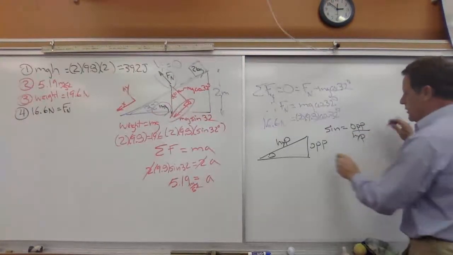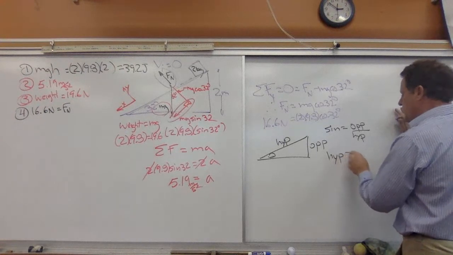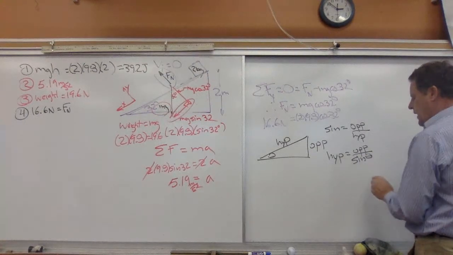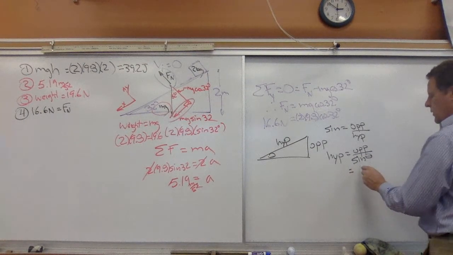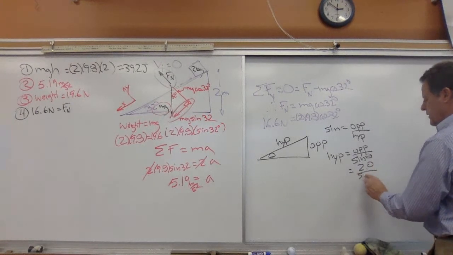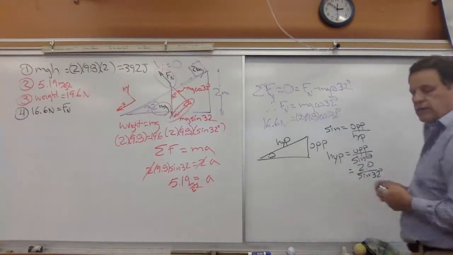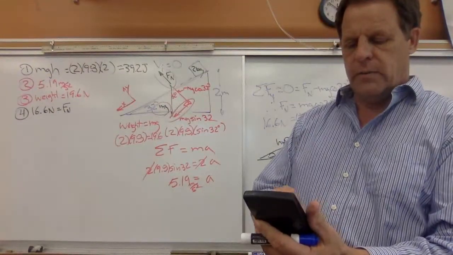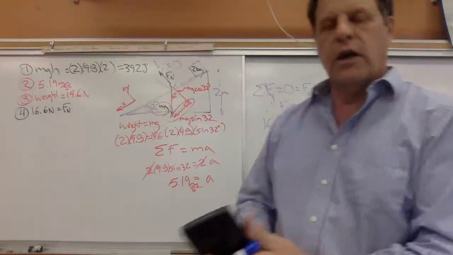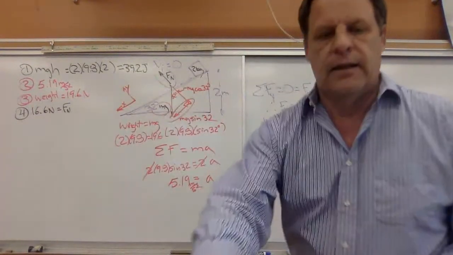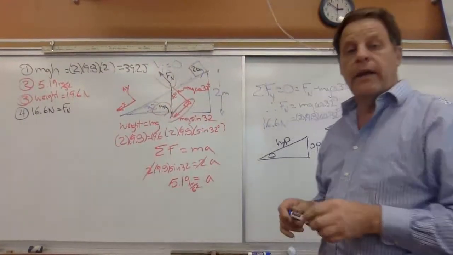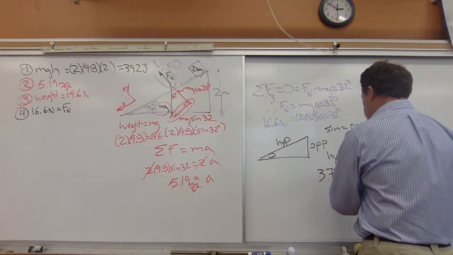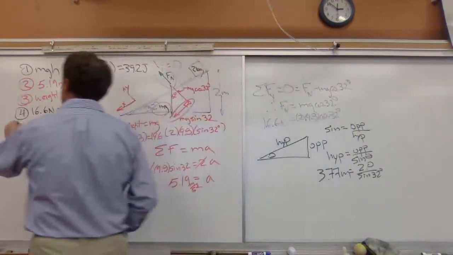We want the hypotenuse, so the hypotenuse is equal to the opposite side divided by the sine of the angle. In this case, that is 2 divided by the sine of 32 degrees, which gives us 3.77. So 3.77 meters is the length of the ramp.